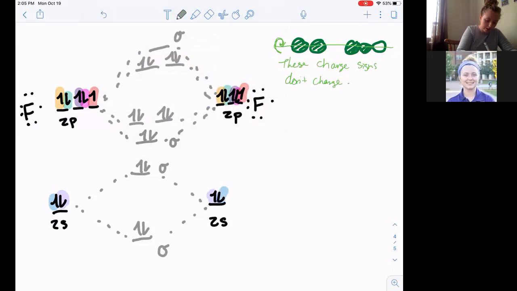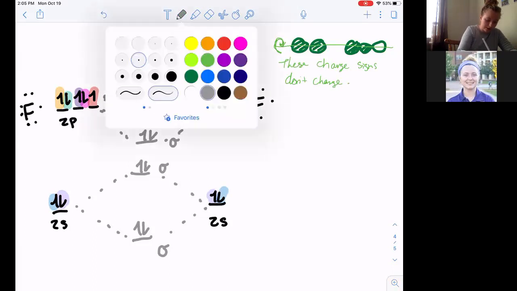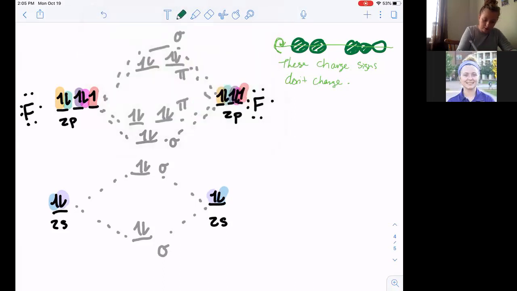So these are pi. And you can guess pi would be like this. The interactions are side-to-side interactions, side-to-side bonding. That's how they would bond.